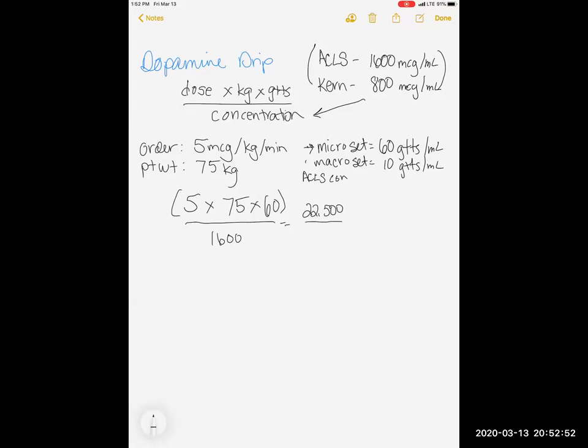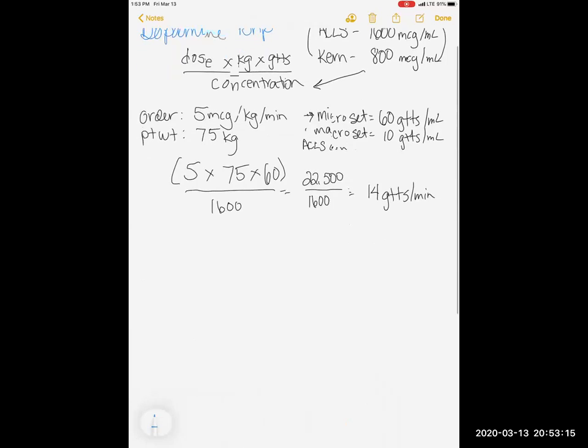Then we divide that by the 1600 to get our drip rate. 22,500 divided by 1600 gives us 14 drops per minute. All right? And it's that easy. So there's the first one.